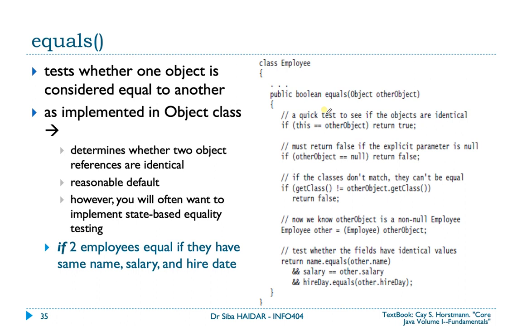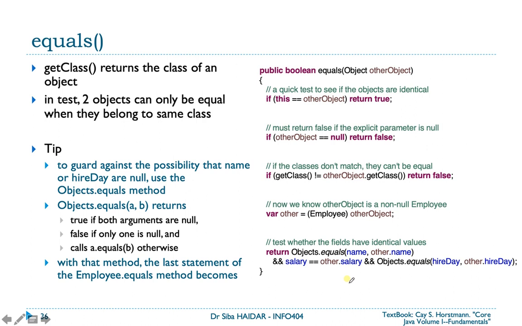So every time I have to compare two objects of a certain class, I only have to invoke their equals method. This is very, very important. And if those fields are primitive types, I only compare them using the equal operator. The getClass returns the class of an object. We will discuss it later in this chapter, in part 2. In the test, two objects can only be equal when they belong to the same class.